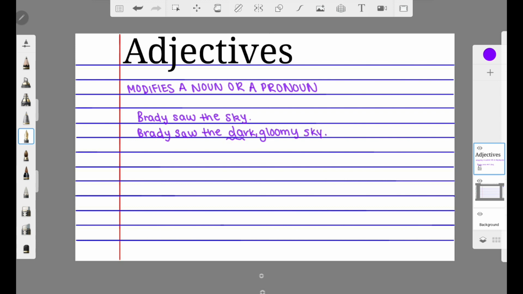So we added dark and gloomy, which are both adjectives that tell what kind. What kind is the sky? The sky is dark and gloomy. They describe the sky.